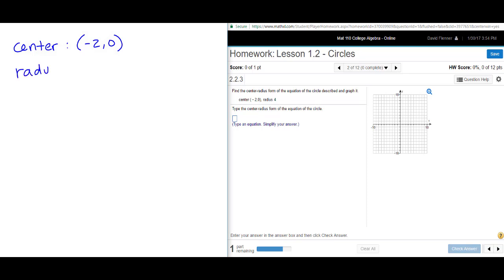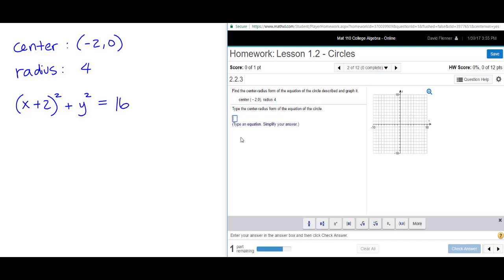And the radius here is 4. So plugging that into the standard form of the equation of a circle, it's going to look like x plus 2 quantity squared. The y plus 0 I'm just going to leave as y squared, that's the simplest form, equals 16. So that is the equation.